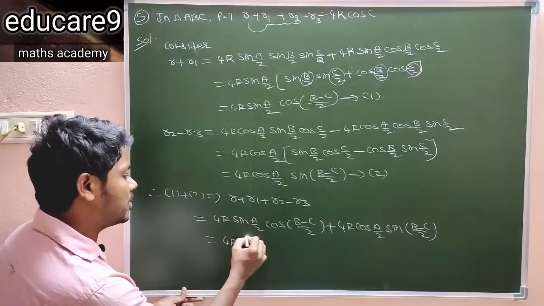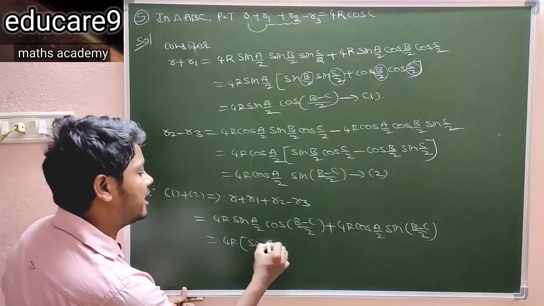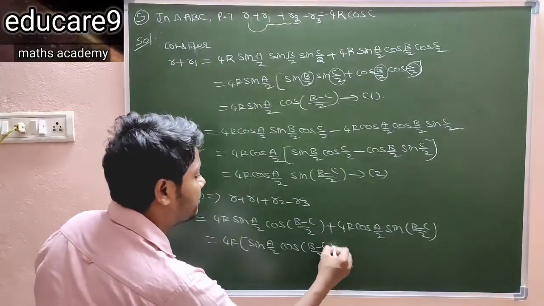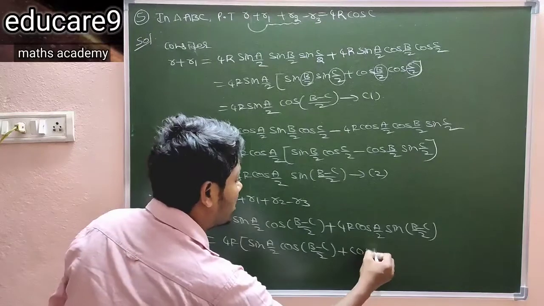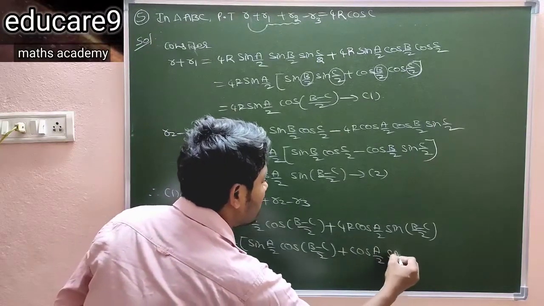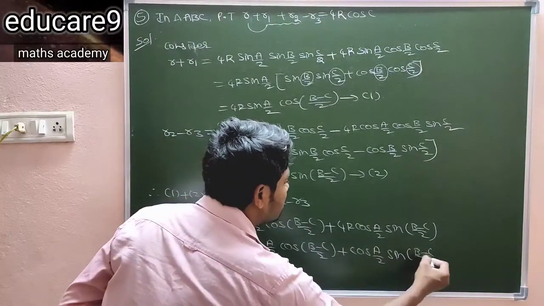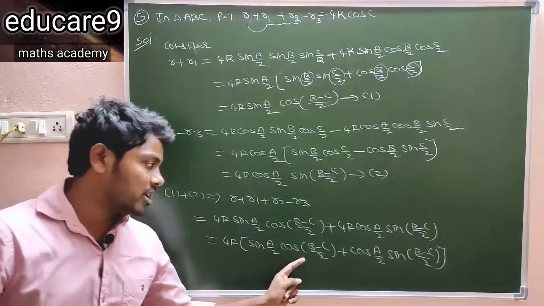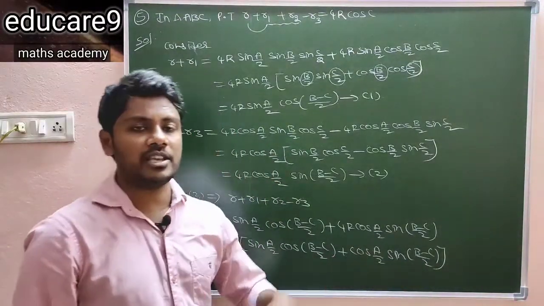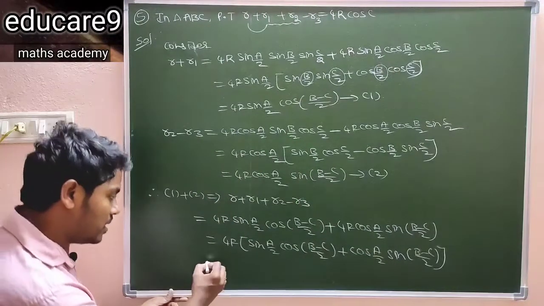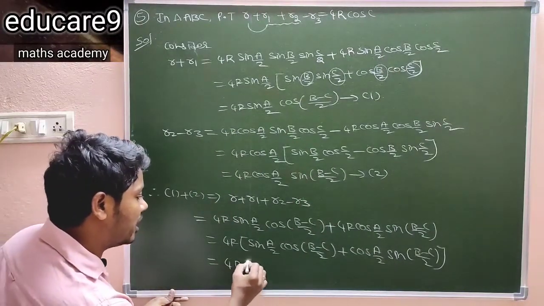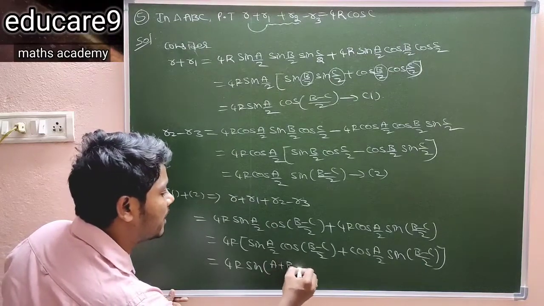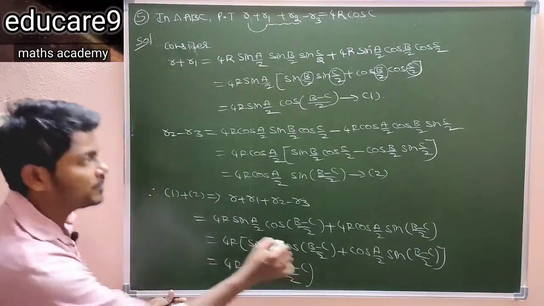So 4R is common, what you get? Sin A by 2 cos B minus C by 2 plus cos A by 2 sin of B minus C by 2. So again it is in the form of sin A cos B plus cos A sin B. That is sin of A plus B. So this is 4R into sin of A plus B minus C by 2.